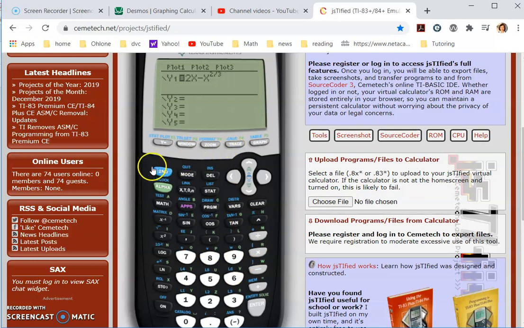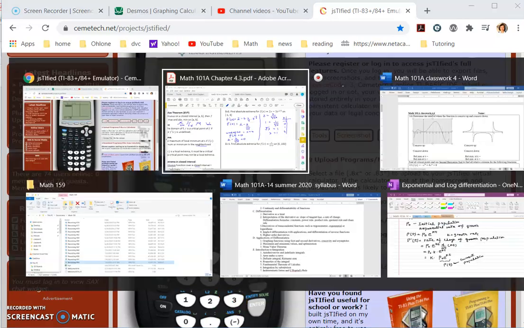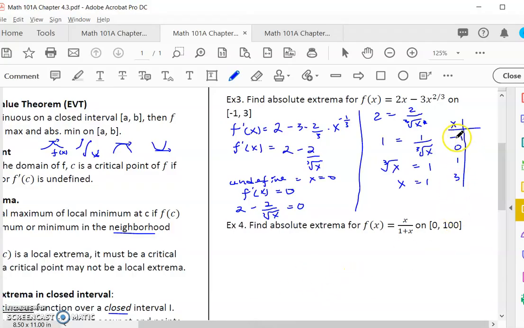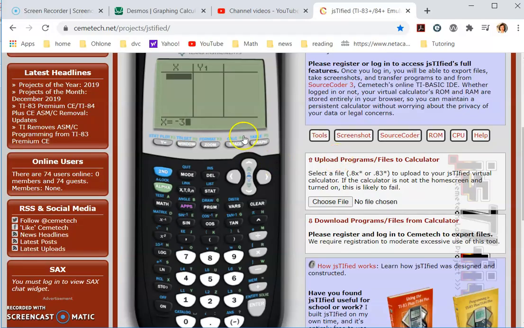Okay, so this is our function, and then how do I do the table? So you have to do table set, and then second table, and then you can delete all these. We were doing what, -1, is it? I forgot. Oh, -1, 0, 1, 3.